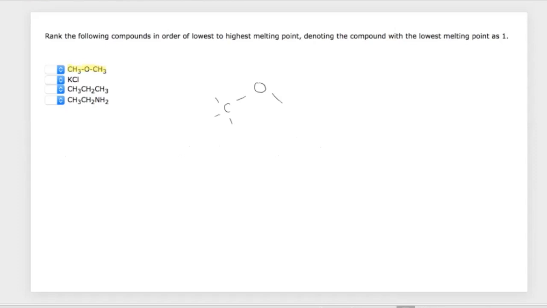Okay, so let's start with CH3OCH3. We know that oxygen is more electronegative than carbon, so there will be electron density being pulled into the central oxygen and away from these carbons on the side, giving a net dipole moment to this molecule. Having a net dipole moment tells us that this molecule is polar. So now we have to ask ourselves, does it have dipole-dipole interactions only?